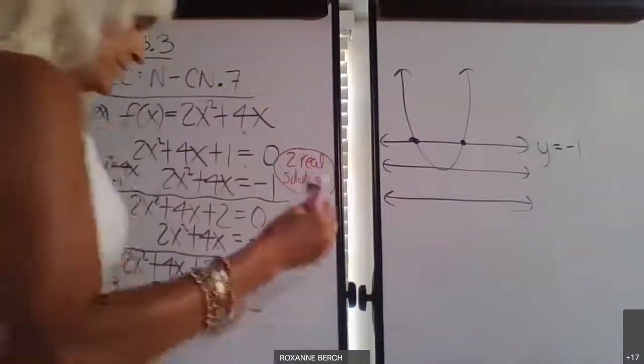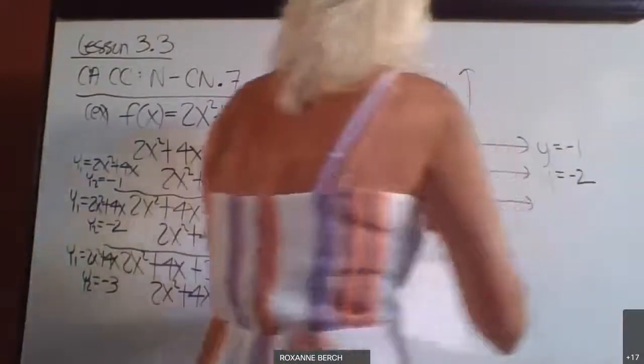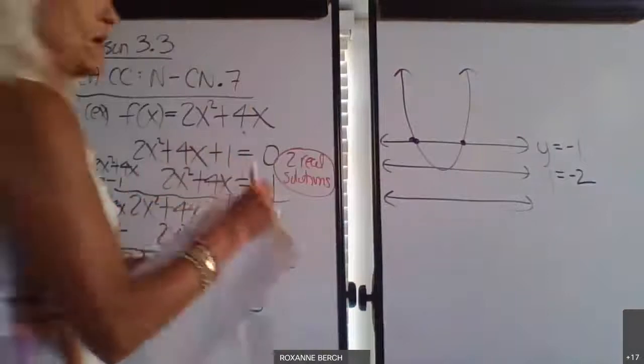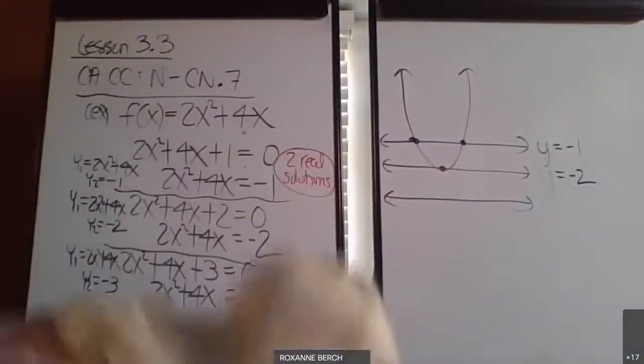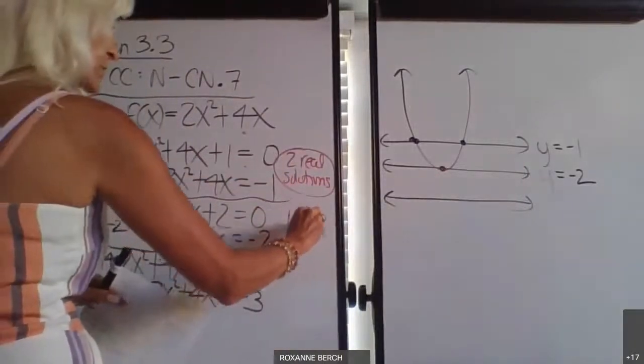The next graph is the one that's y equals negative 2. And you notice that's crossing the graph one time. So that means there's 1 real solution.